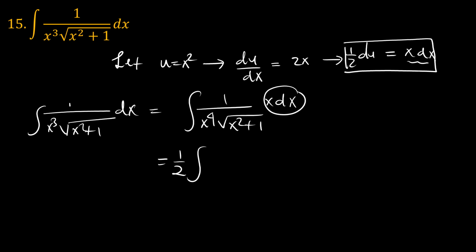So we can pull that half out, and here we have 1 over u squared times the square root of u plus 1.